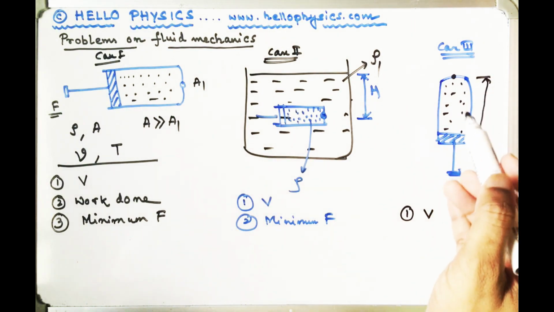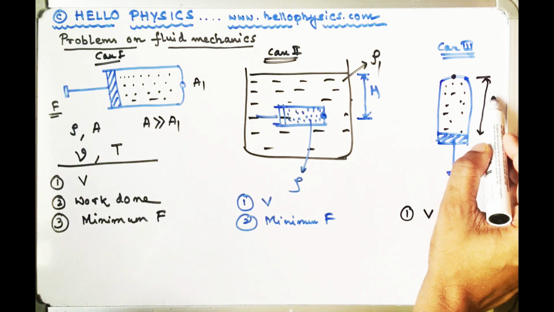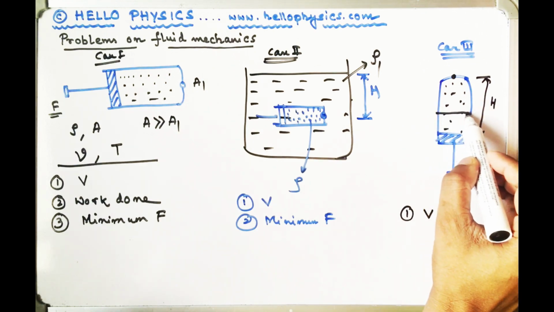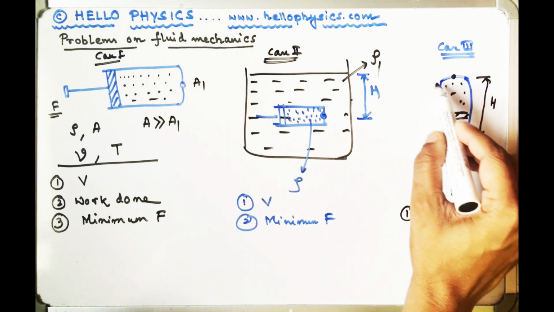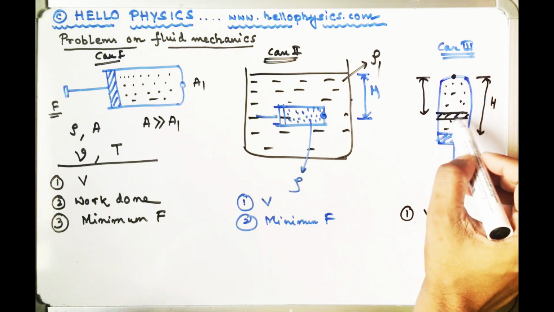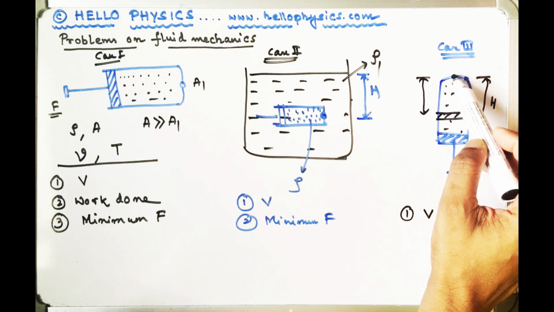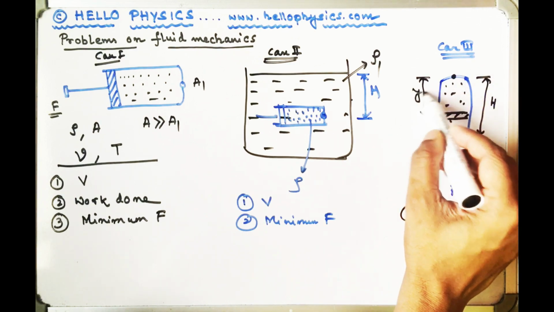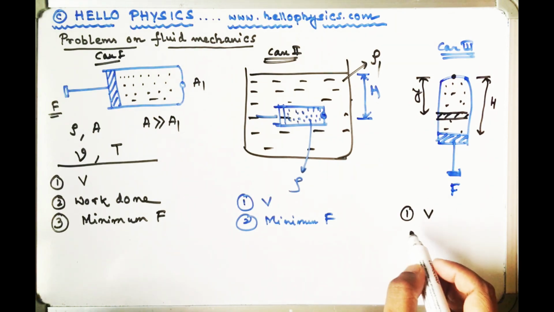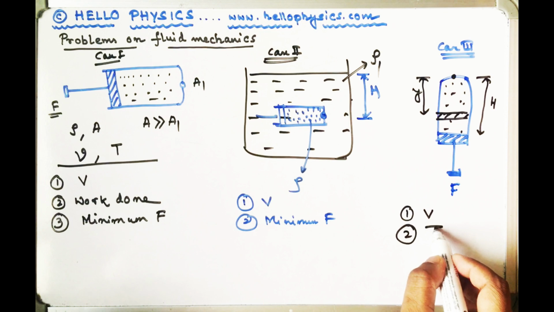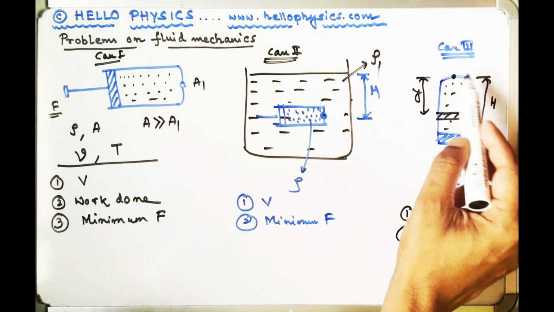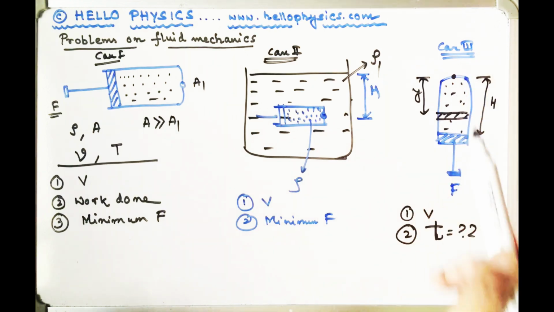So let's say initially the piston is at a depth of h. You have to find out what happens when the piston has moved up and the difference in height between this hole and the piston is, let's say, y. You have to find out how the velocity varies, and also the total time taken to push this fluid out of this cylinder.